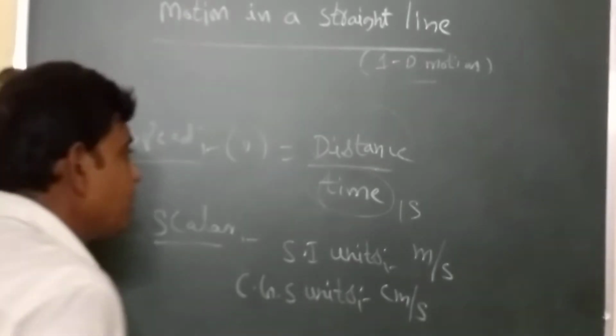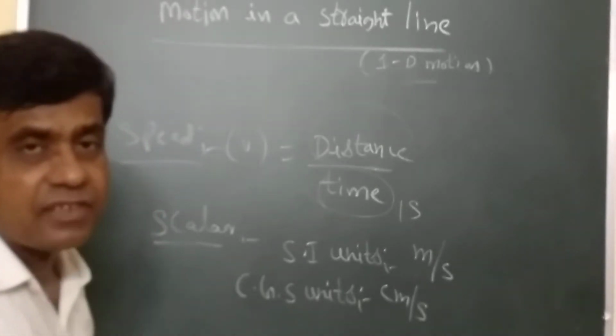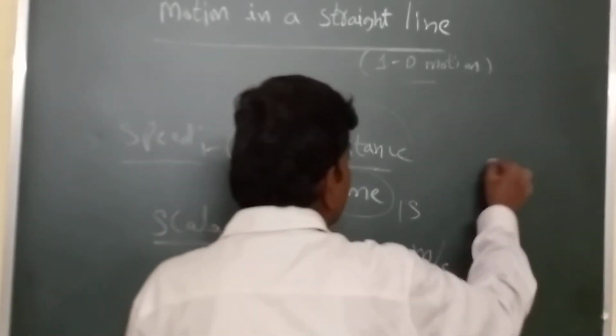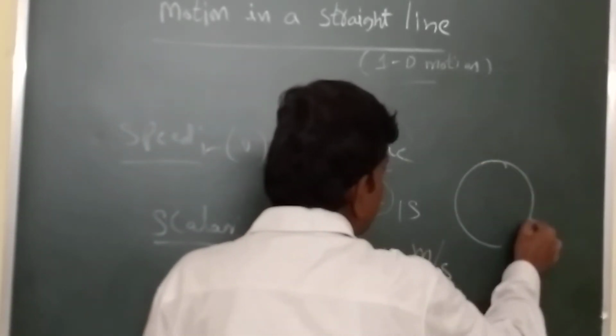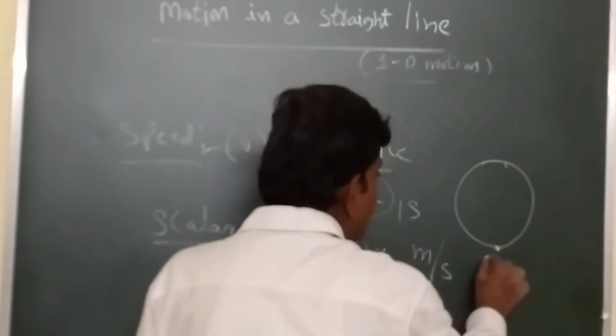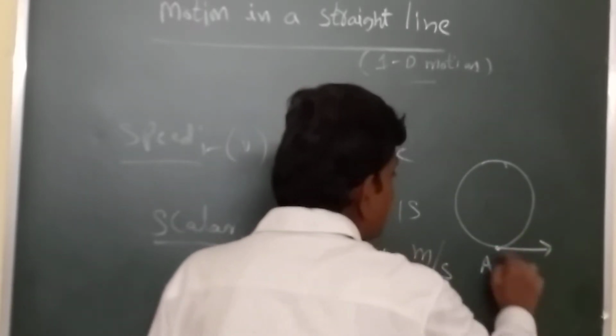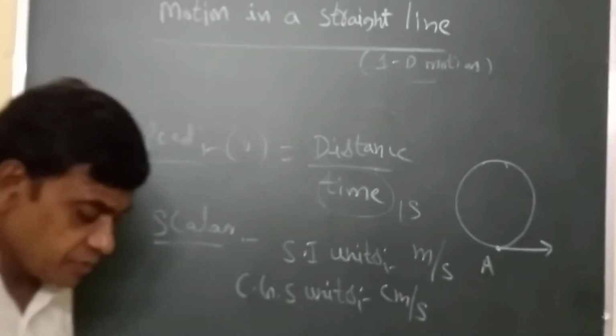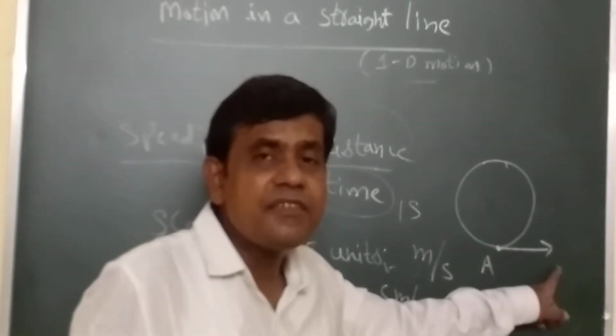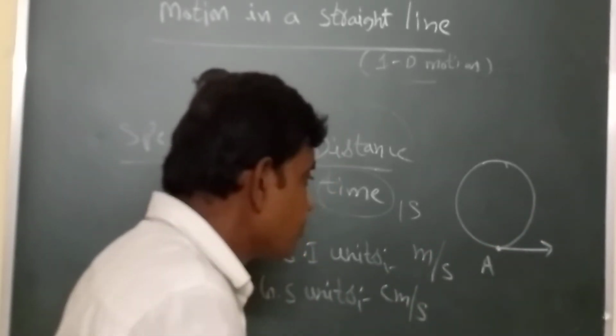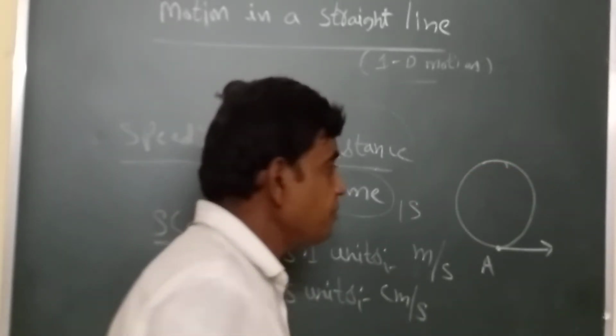One example I am telling. One particle is traveling along a circular path. If the particle is here and you draw a tangent, this gives the direction. So at that particular position, what does it have? Velocity. At position A it has velocity.